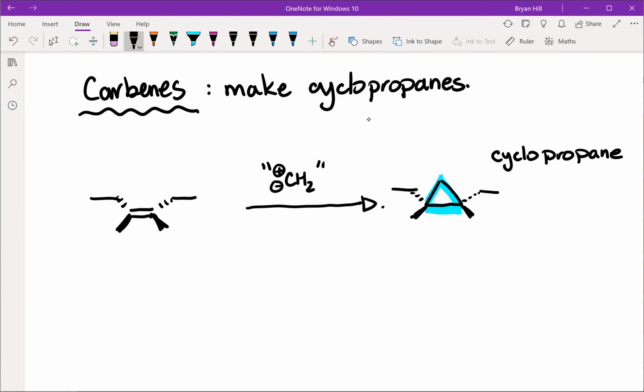And the other thing, which is interesting, is that if we have this, what type of alkene is this when we're talking E or Z? Is it E or is it Z?